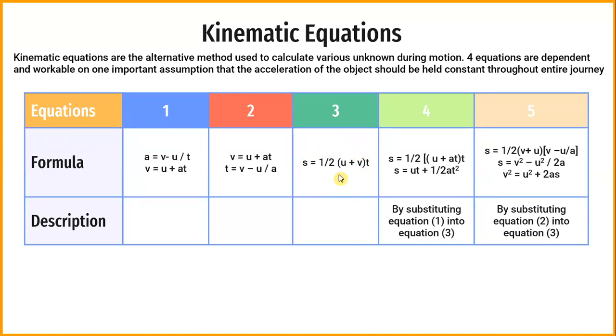And from this, you can substitute equation 1 into equation 3, and you get the formula s equals ut plus half at squared. And next, for equation 5, by substituting equation 2 into equation 3, you get v squared equals u squared plus 2as.